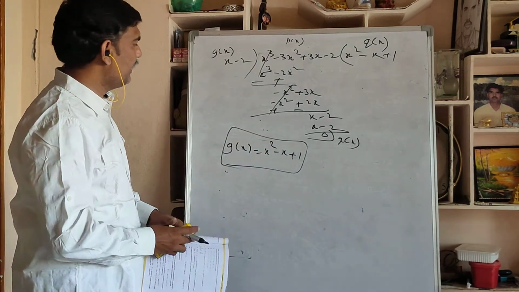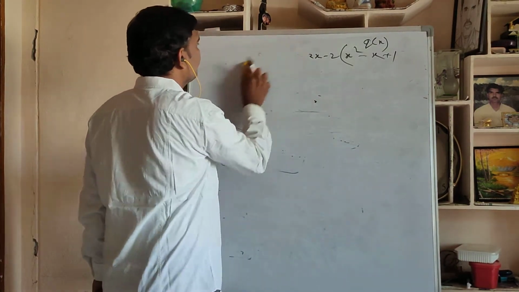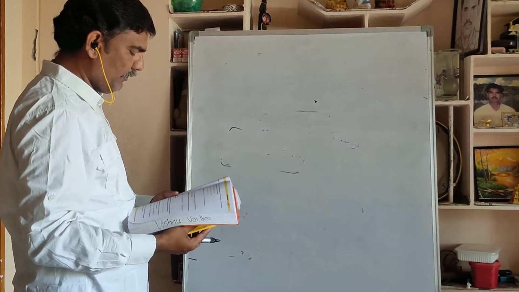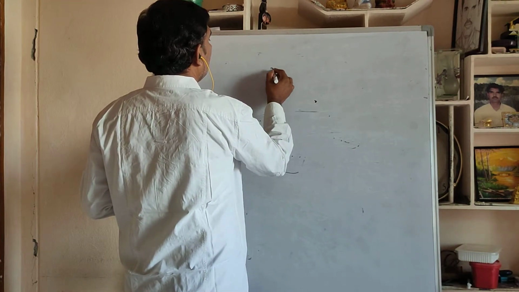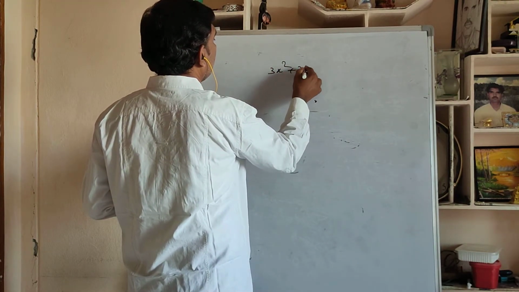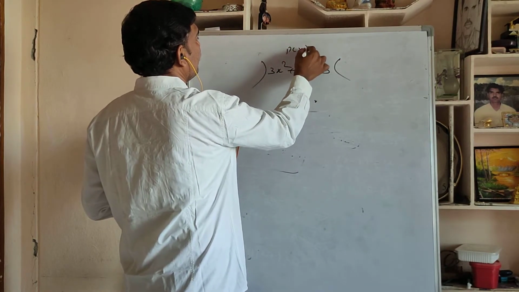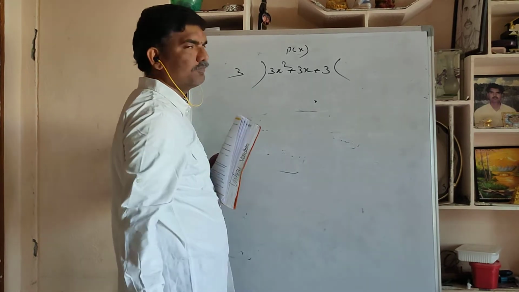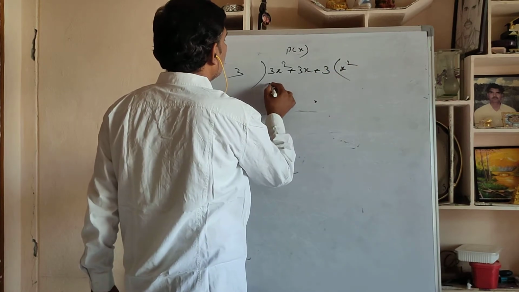So here the first question is, the degree of p of x and q of x must be equal. So here 3x square plus 3x plus 3 is there. It is one p of x. So g of x you are writing only 3. If I do division, x square.